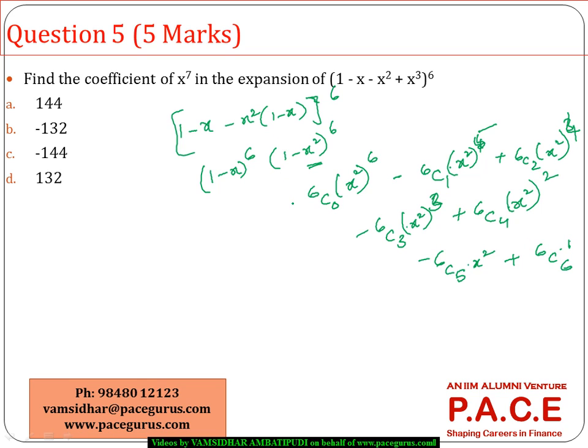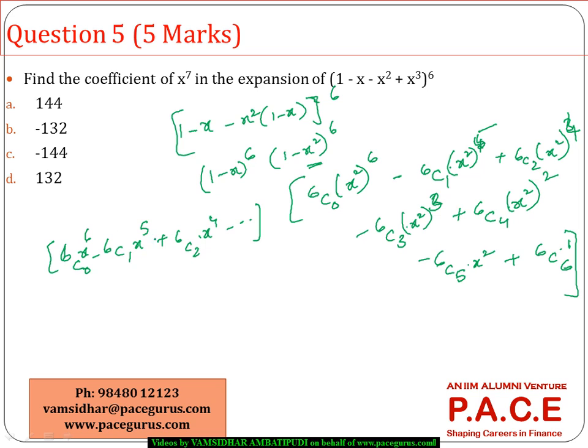So this is the expansion of 1 minus x squared, and 1 minus x goes as 6c0 minus 6c1 x power 5 plus 6c2 x power 4 and so on.